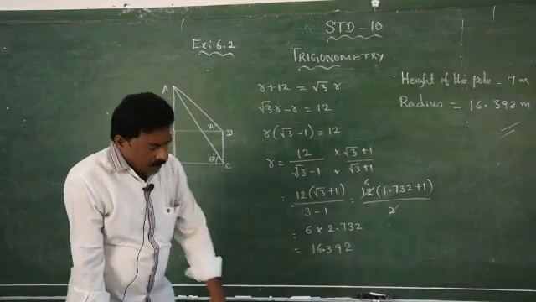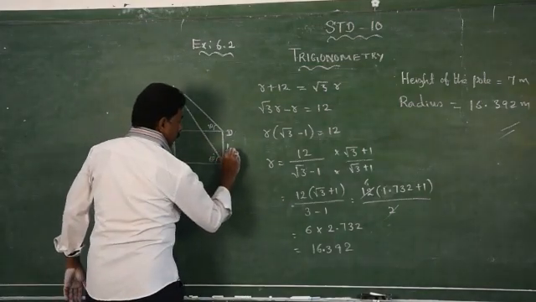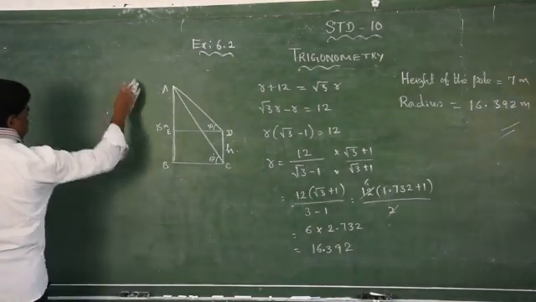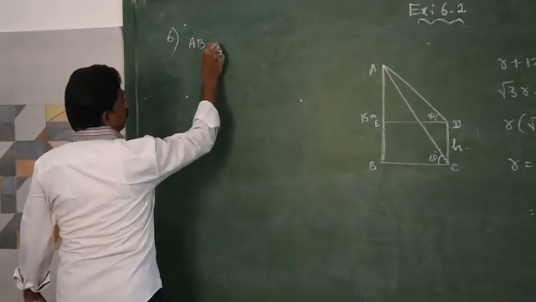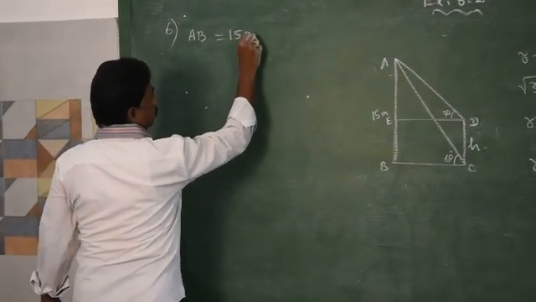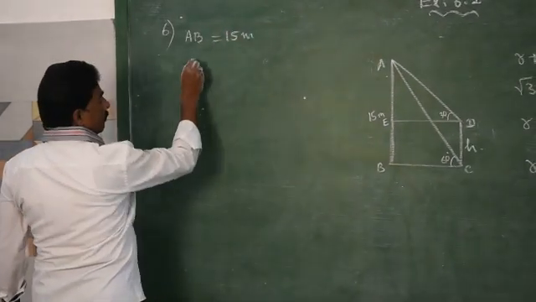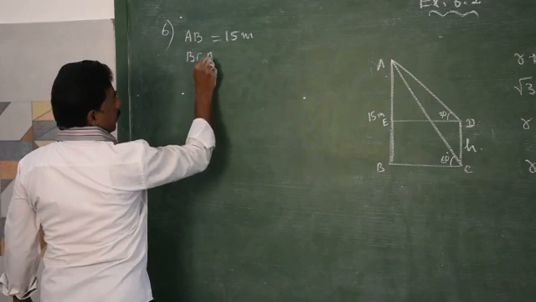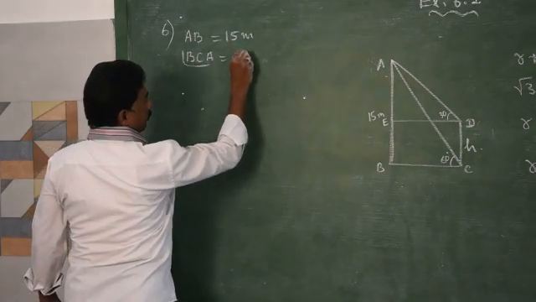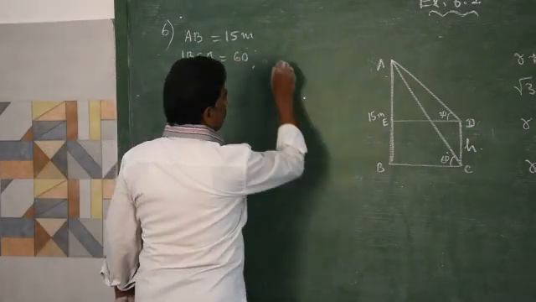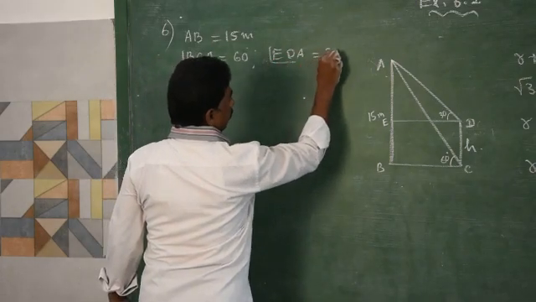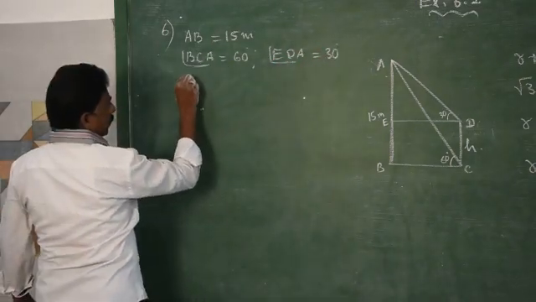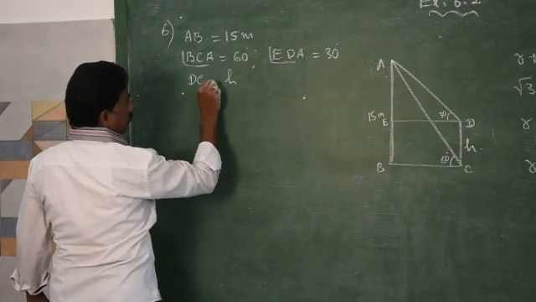You have to find the height of the electric pole. So AB is the tower, so AB equals 15 meter. BCA is 60 degree and EDA is 30 degree. You have to find DC or CD, that is H.